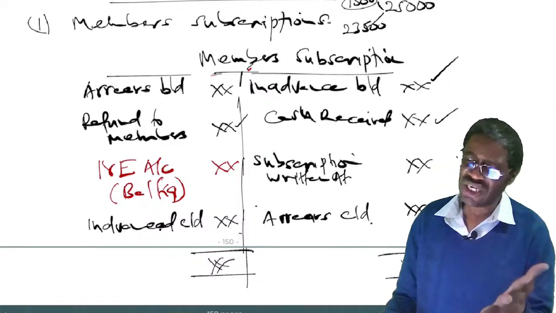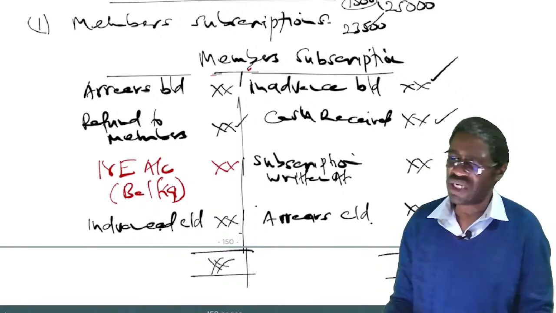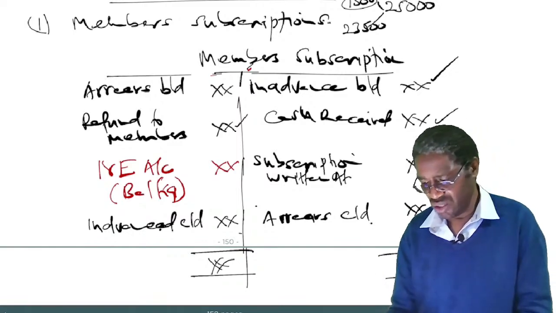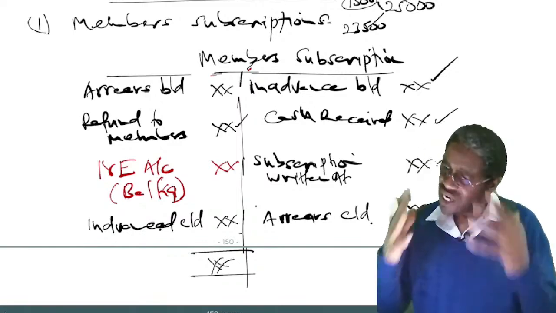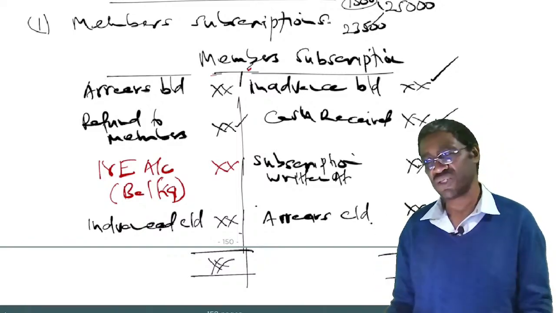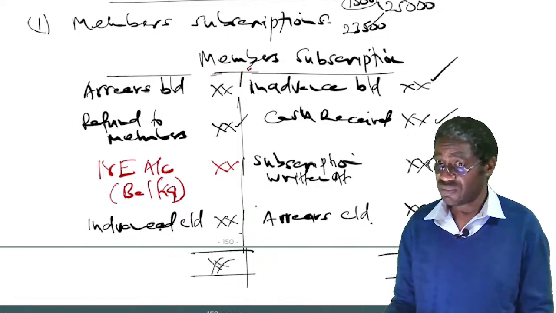And some questions tell you subscriptions owing for more than a year should be written off as a loss. So that is what we are saying. You credit. Then you carry down the balances by the end of the year.